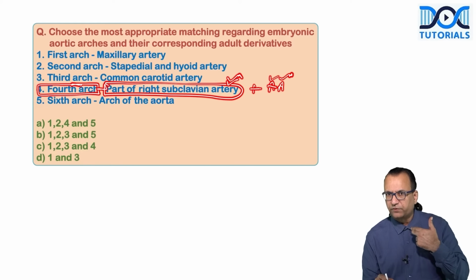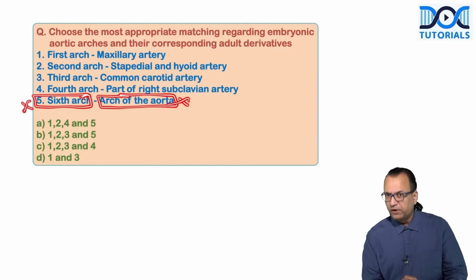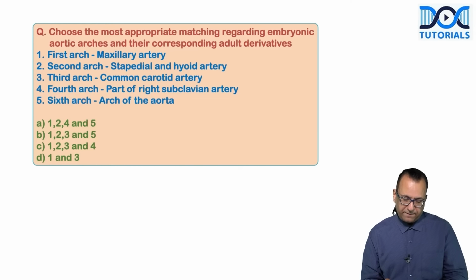Between those, the arch of aorta comes from the fourth arch, left side. We'll see a diagram. But the sixth arch is not giving the arch of aorta, so that is to be excluded. The sixth arch actually gives the pulmonary artery on both sides and also the ductus arteriosus, which remains only on the left side. So let us look at the diagram.